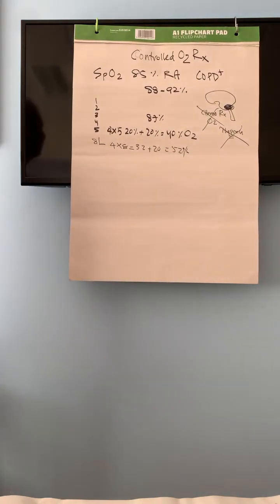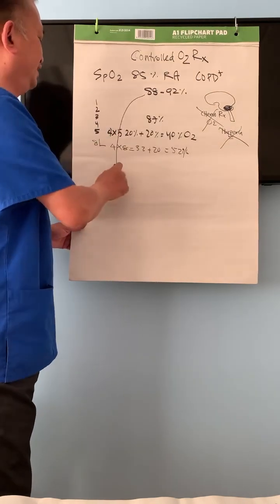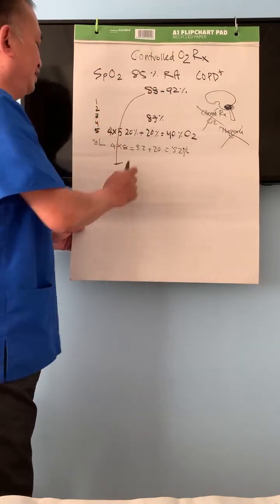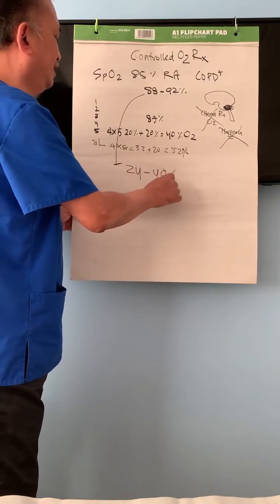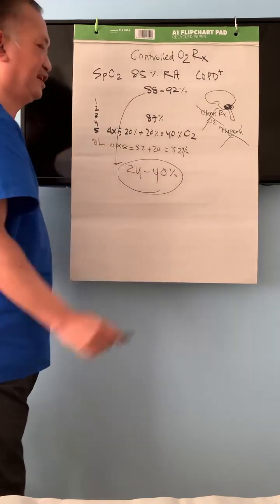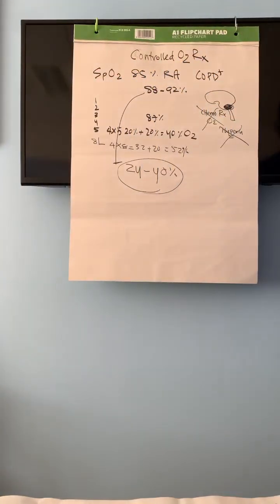After that, the respiratory center will fail. So that's why traditionally we used to say that a type 2 respiratory failure patient should get 24 to 40% oxygen maximum. We shouldn't give more than 40% to someone with carbon dioxide retention.